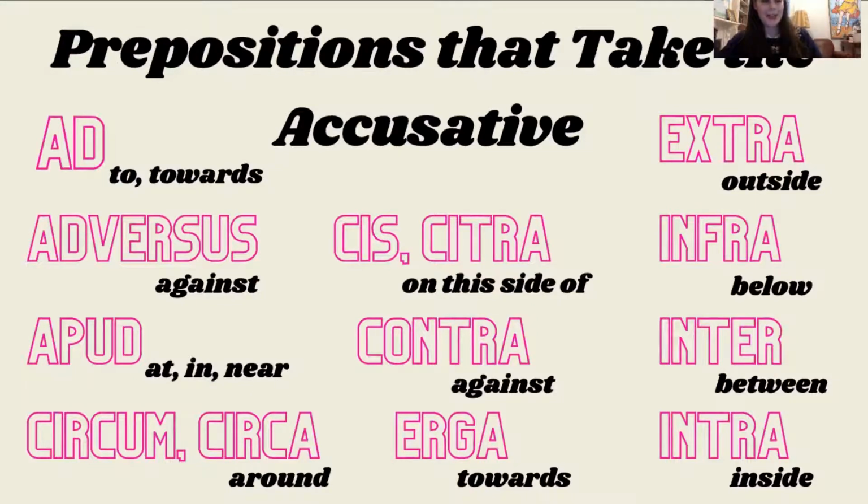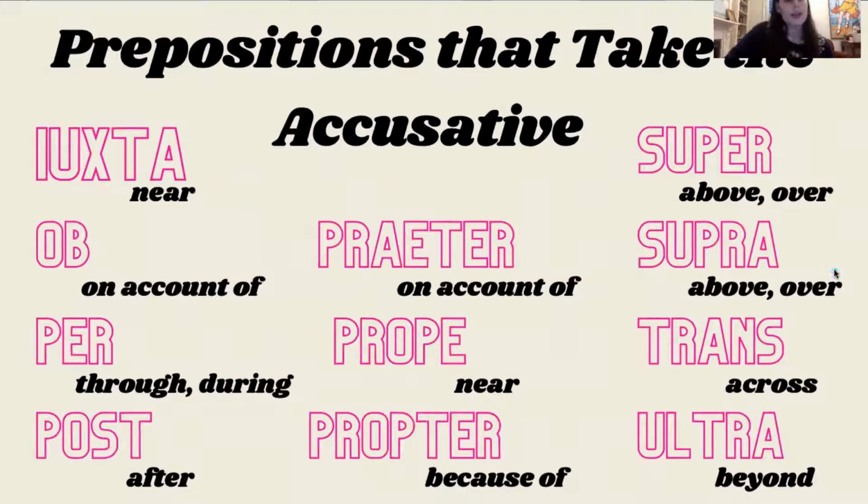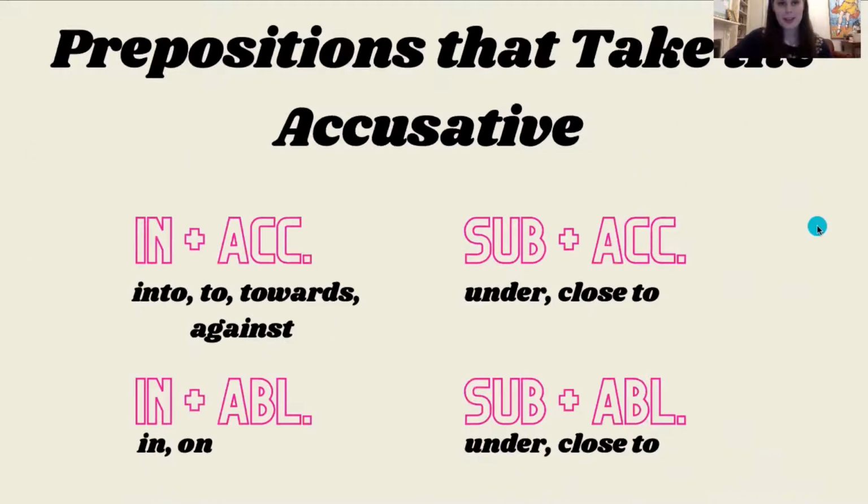So we've got ad, adversus, apud, circum, circa, cis, citra, contra, erga, extra, infra, inter, intra, juxta, ob, per, post, praeter, prope, propter, super, and supra, trans, and ultra. Now, basically, if you want to use any of these prepositions, you're going to have to use the accusative after it.